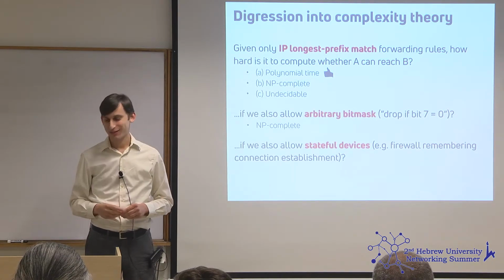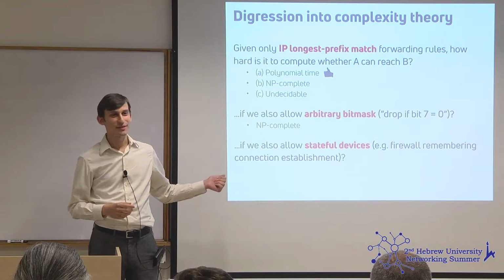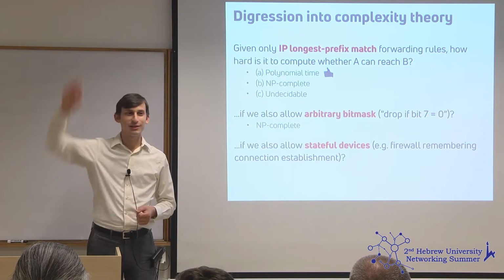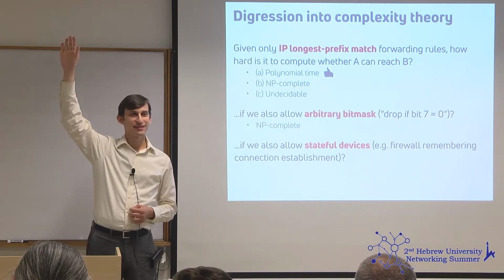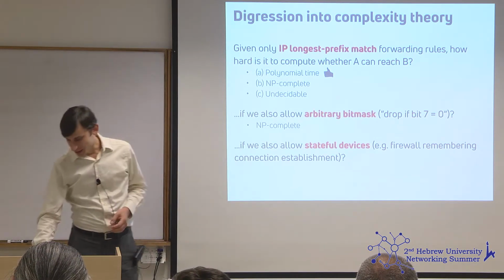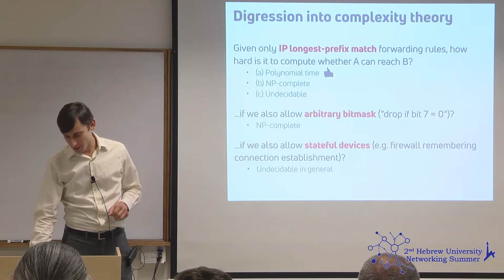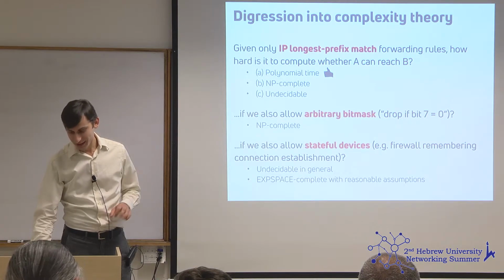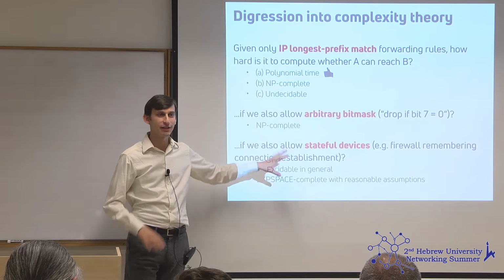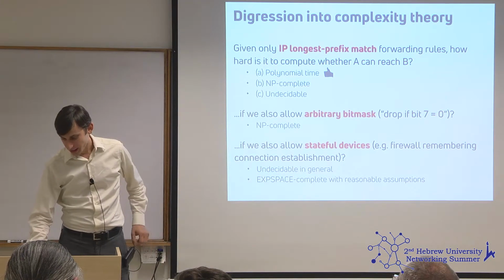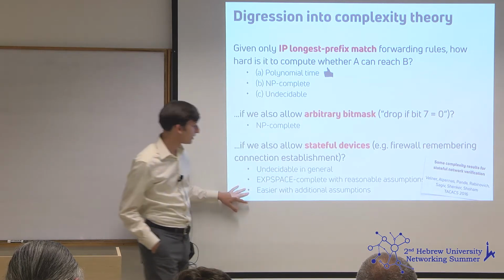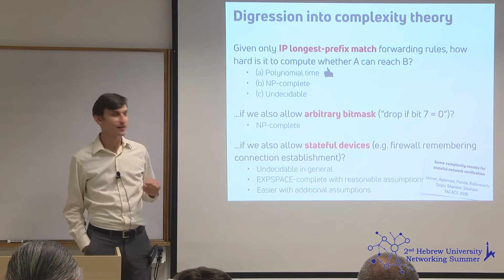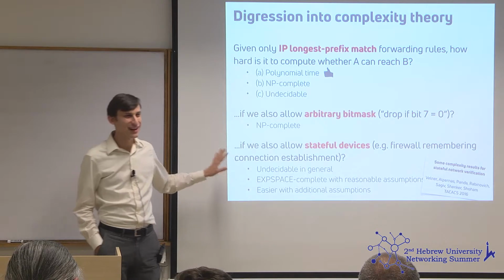Okay, so this one might be a little more clear, but polynomial time, NP complete, or undecidable? Yes, okay. Well, in general, it's undecidable, but you're all right there because you have to be a little bit more specific on what state and so on. This has been analyzed. You can look at this paper, and it depends on your assumptions there. But it can be pretty bad, obviously.